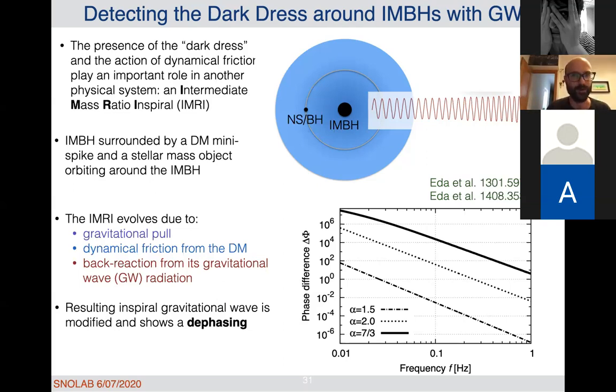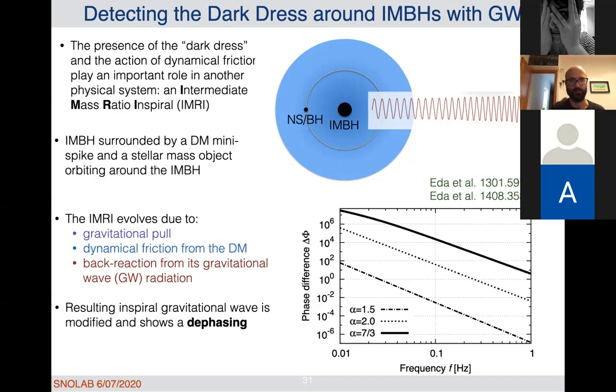And if dark matter is there, if there is this very strong, very relevant overdensity of dark matter, you expect a phenomenon called dynamical friction. So you expect the small object to interact many times with the particles that make up the dark matter halo.